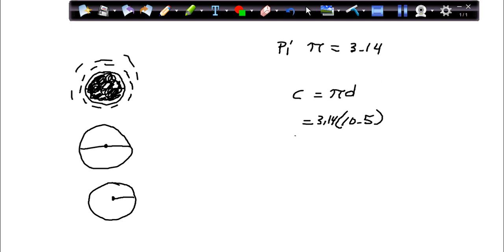And if you put that in your calculator, 3.14 times 10.5 equals 32.97. So circumference equals 32.97, which you can round, as they show you in your book, to 33 because the 0.9, right?